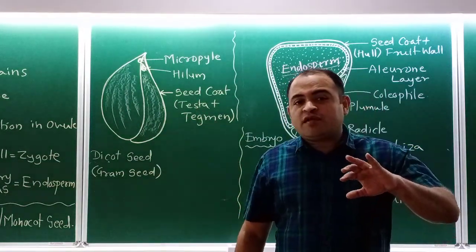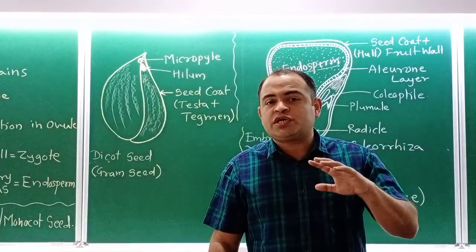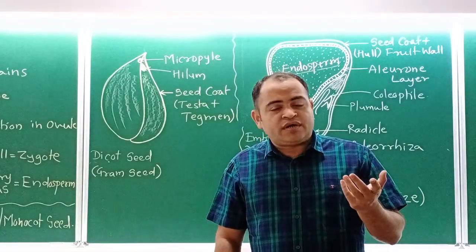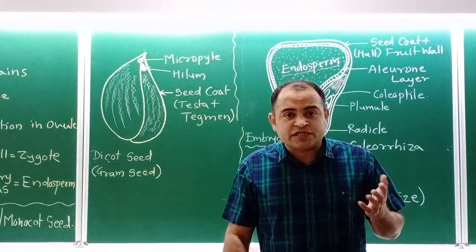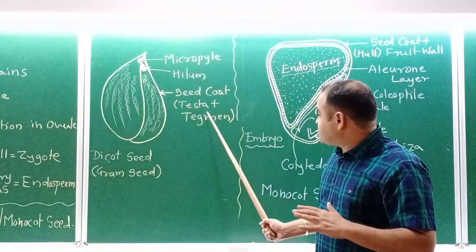Whatever external part you see, that particular part which is rough by nature and shows different types of colorations, is a typical testa.